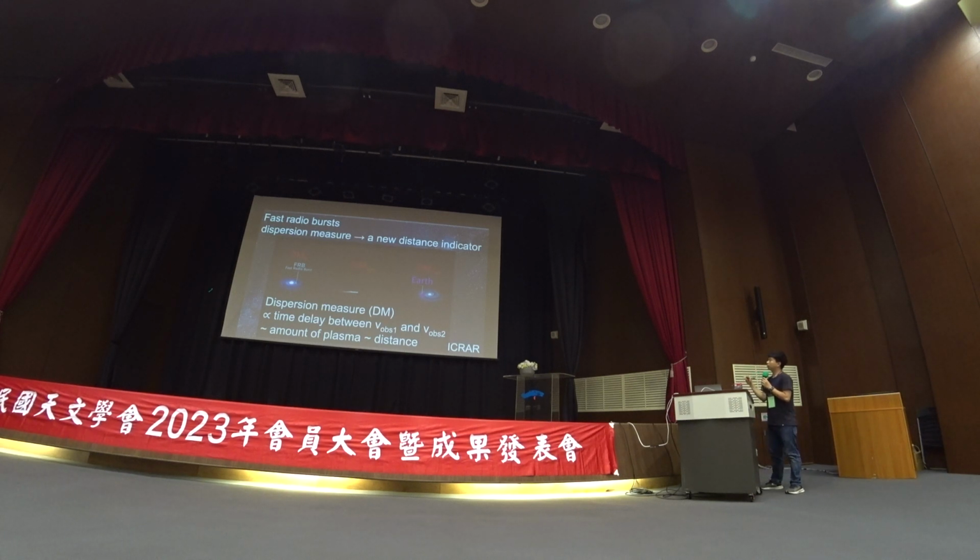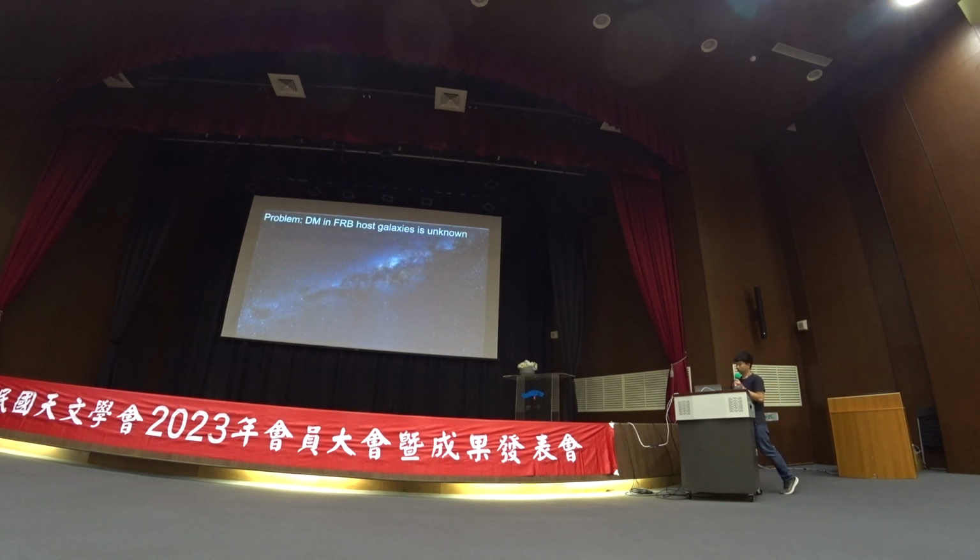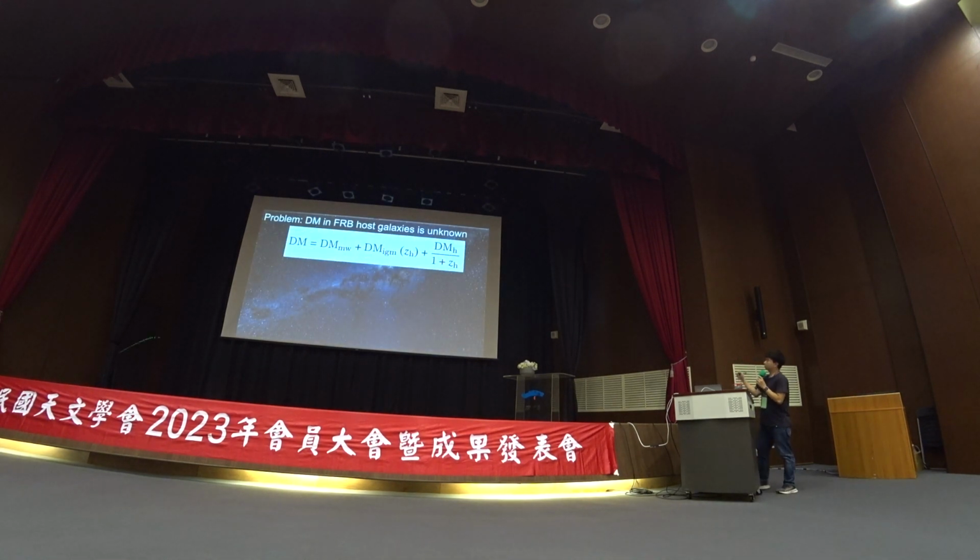The other is between DM Milky Way and DM host; we call it DM IGM. So they have the equation: DM equals DM Milky Way plus DM IGM plus DM host.